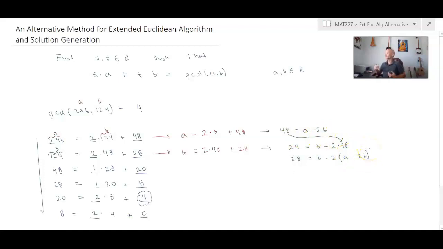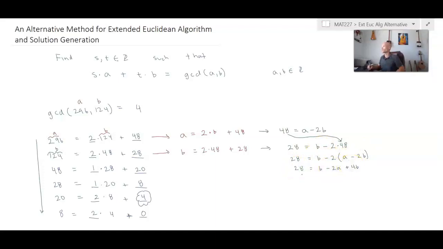Ooh, we kind of like this because now it's simply algebra, and we get B, and we'll distribute the negative 2. We'll have negative 2A plus 4B. We'll now combine like terms, so this gives us 28 equals negative 2A plus, and we have 1B here, 4B, so we have 5B. Okay, so it's no different than using x and y. And so now we have what 28 equals.